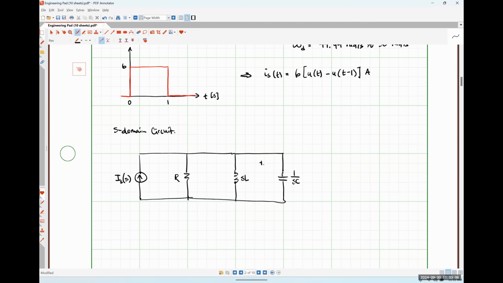And then we would be looking for this voltage in the S domain. Everybody okay with that? All right.